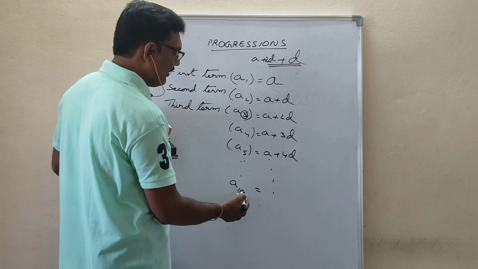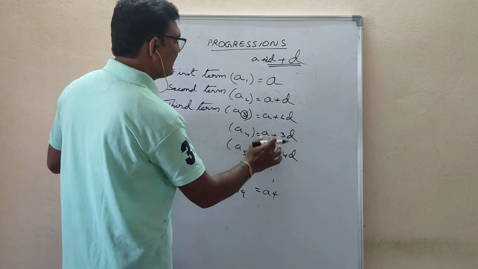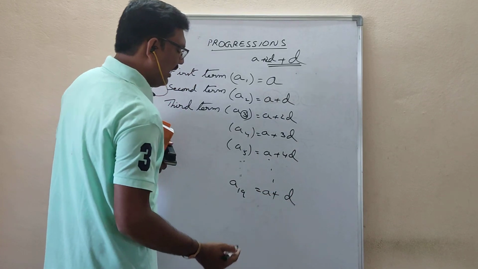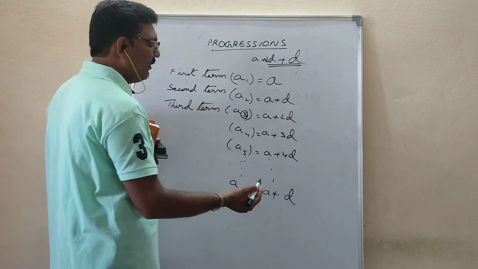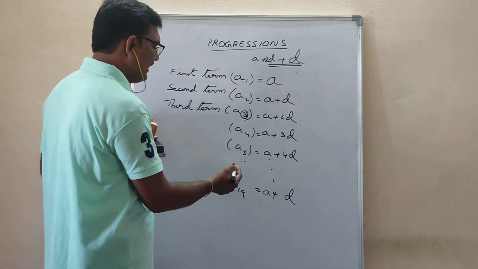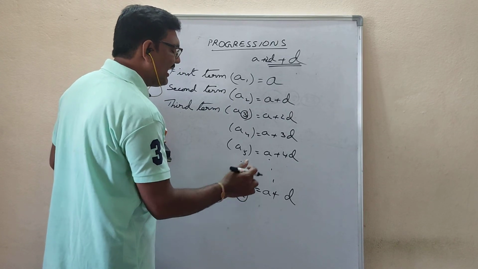Now for a19, what do you write? A is common, plus is common, d is also common, and you have to think of what number comes here. Whatever number is here, it is 1 less than this.